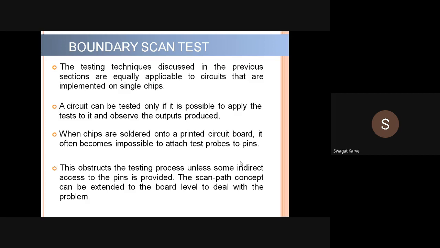So if you provide the circuit with some interface, for example, JTAG interface, there is a JTAG cable, and if you connect that JTAG cable with your board and your computer, then it has its own predefined instruction set, and using that instruction while you are using that particular board, simultaneously you can test the circuit with the help of the JTAG interface.